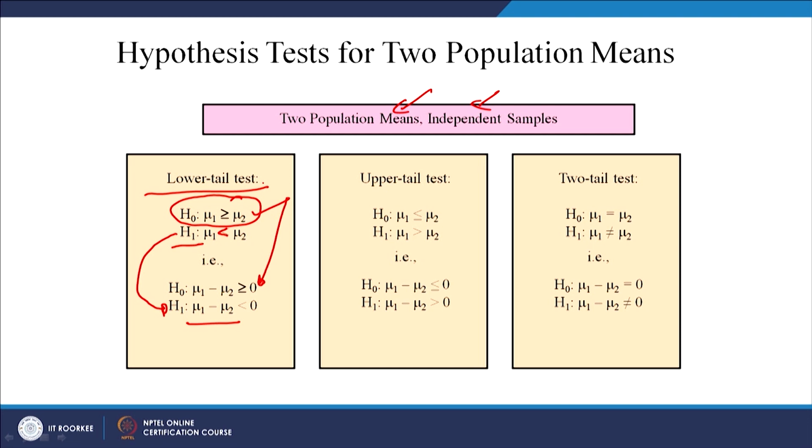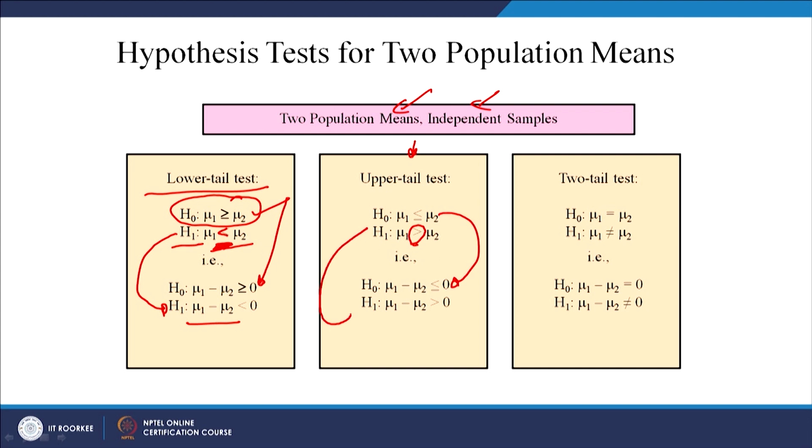How did you come to know that this is a lower tail test? Because of the sign of the alternative hypothesis, which is less than type. Similar to this, you will have an upper tail test. Just see the sign in the alternative hypothesis is greater than type, so this is an upper tail test, and of course, you can write the null and alternative hypotheses like this.